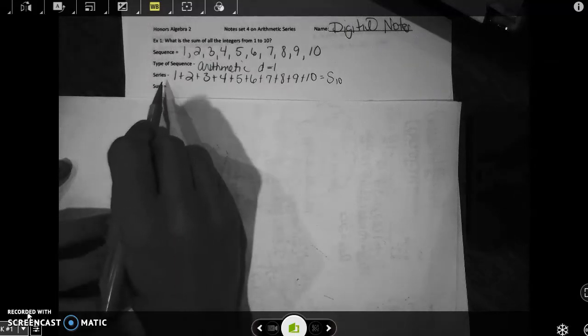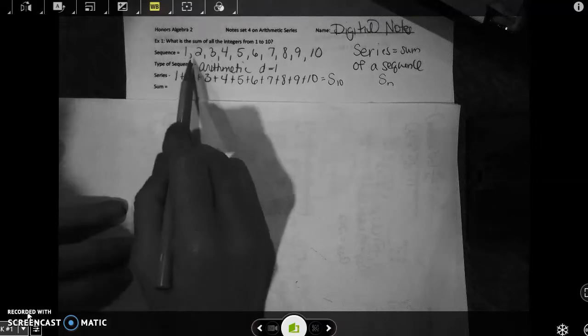So then we're introducing this word series, which we've talked just a little bit about, but it's been a while ago. And so what is a series? Maybe we'll come over here and write this down. A series is just the sum of a sequence, and we represent that with a capital S with a subscript of n.